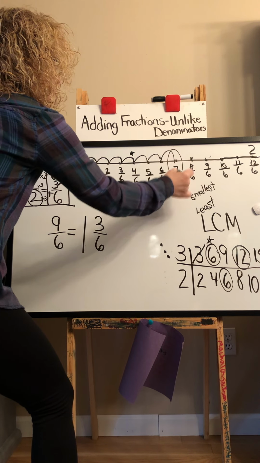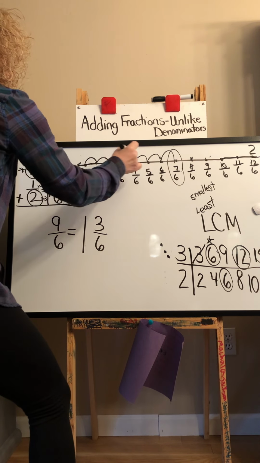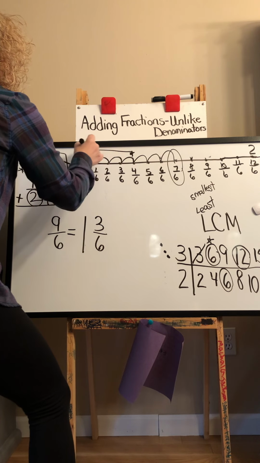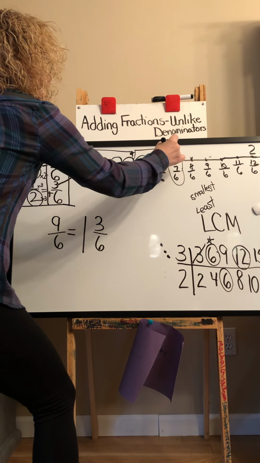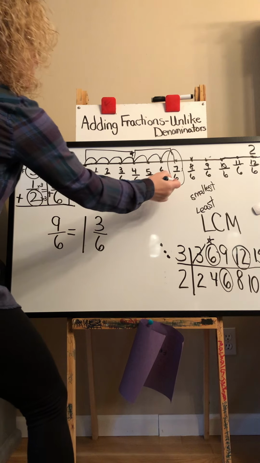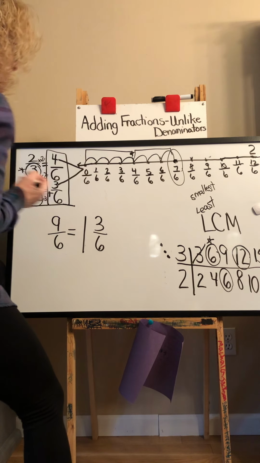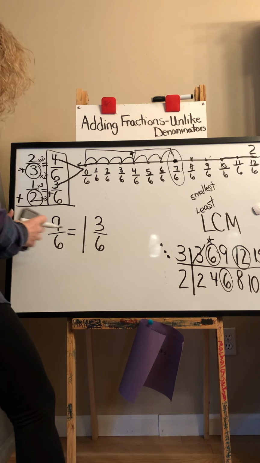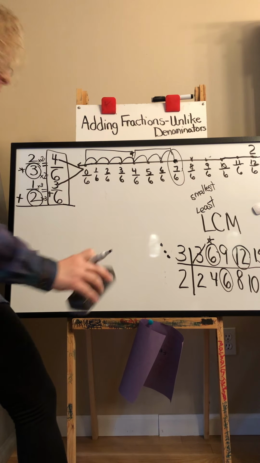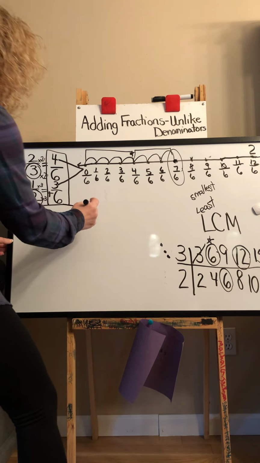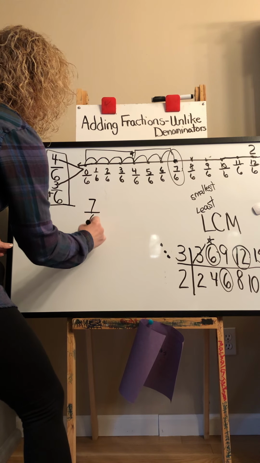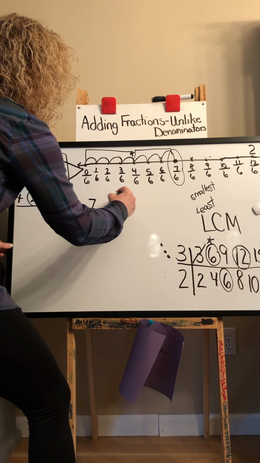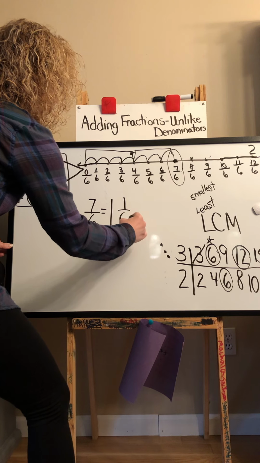And here is my answer. Here is 4/6. Here is 3/6, which equals 7/6. And that is what we got before, 7/6, which equaled 1 and 1/6.